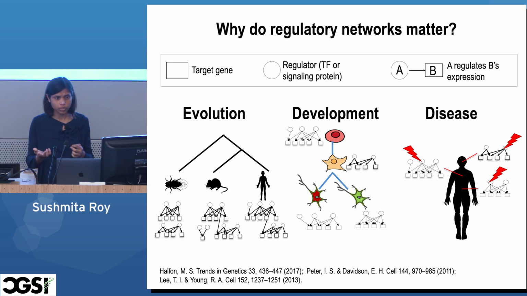In developmental processes, transcriptional changes drive cell fate. Disruptions in gene regulatory machinery can result in different diseases, and as the speakers in the last two talks discussed, they can be very useful for interpreting genetic variation.